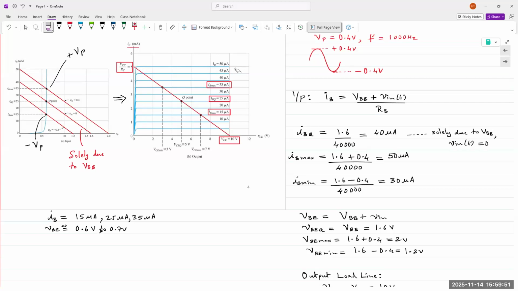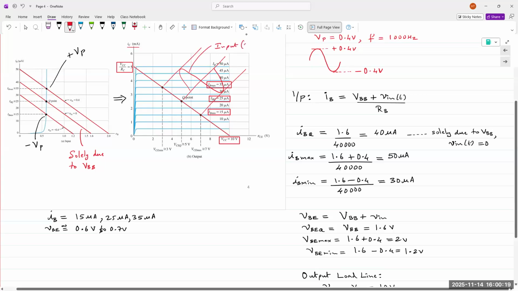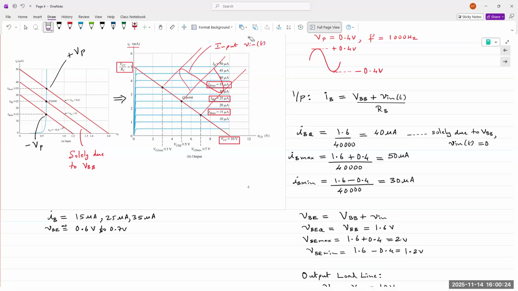Let's say you are sending in your input. Let's draw it this way. And this is your input right here. That's your input waveform, Vin of t. Okay, so what happens?